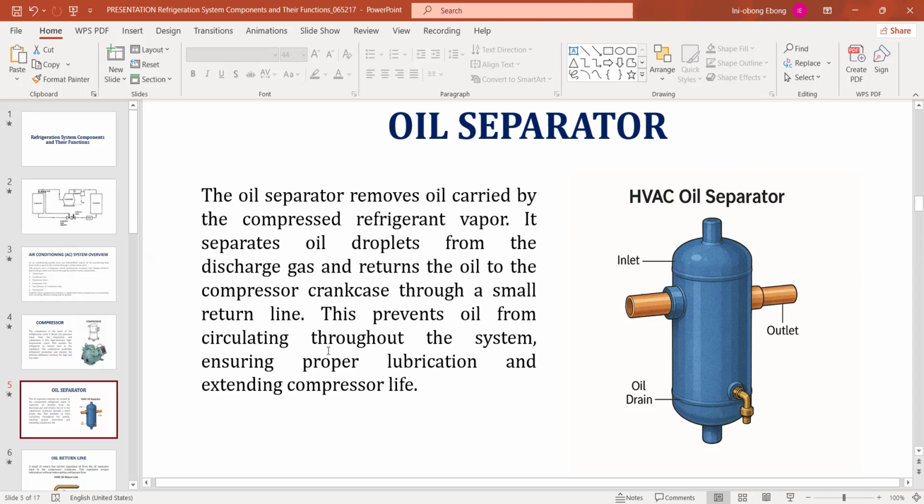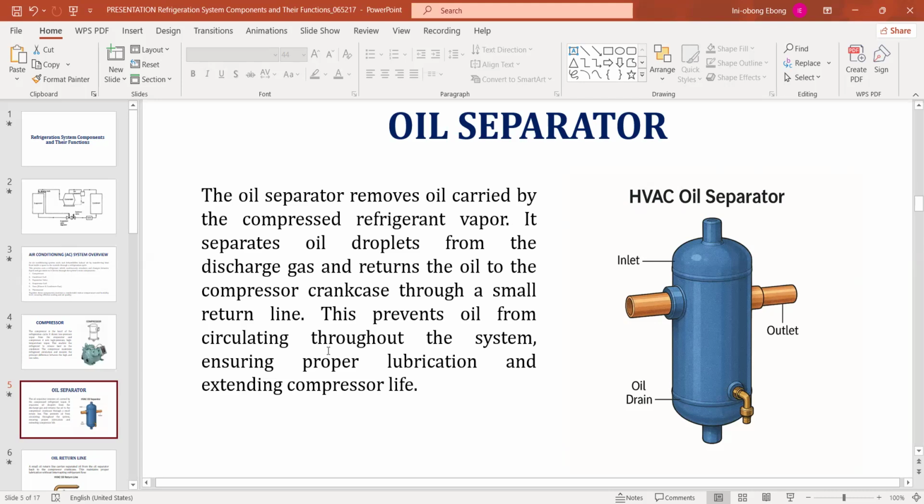It separates oil droplets from the discharge gas and returns the oil to the compressor crankcase through a small return line, as you can see in that diagram. This prevents oil from circulating through the system, ensuring proper lubrication and extending compressor life.